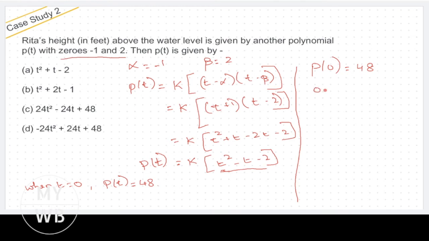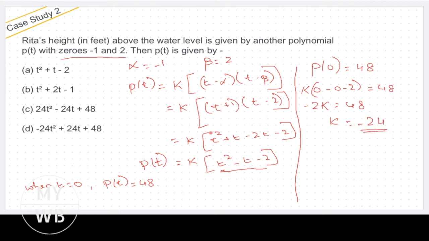0 minus 0 minus 2 into k is equal to 48. Minus 2k is 48, k will be minus 24.